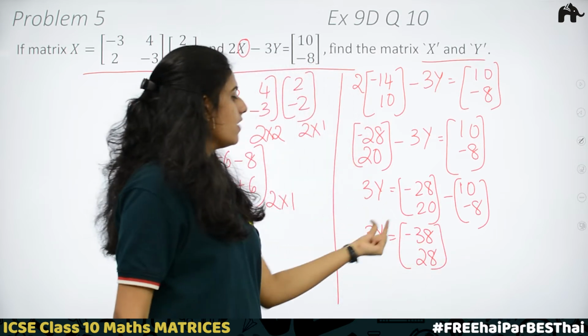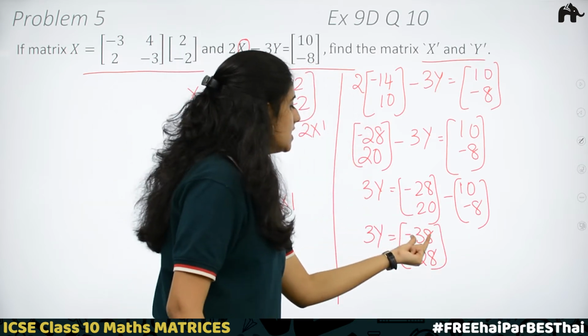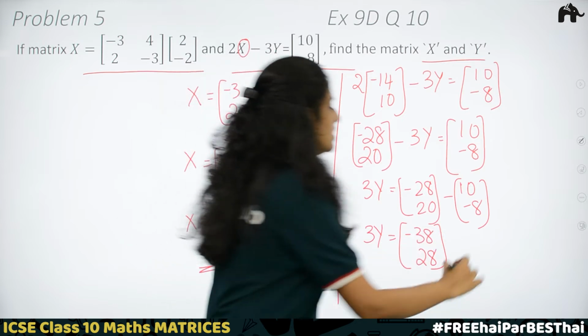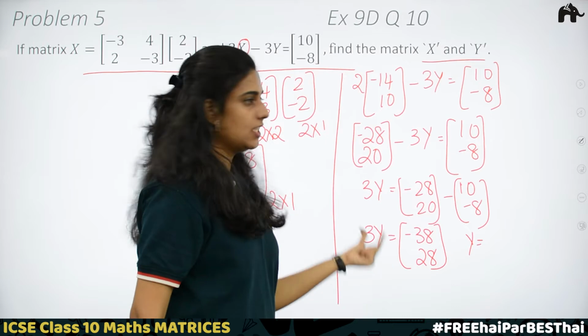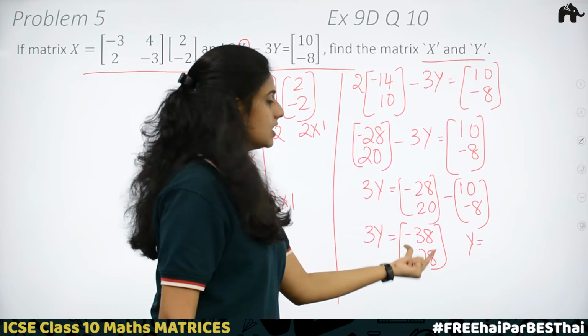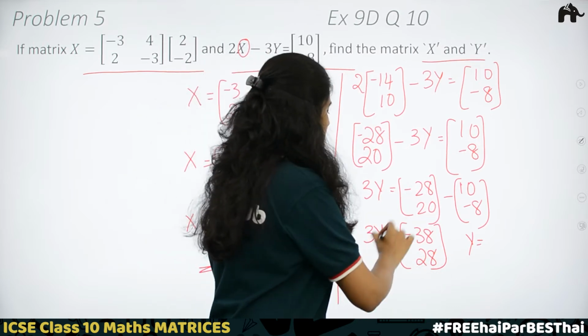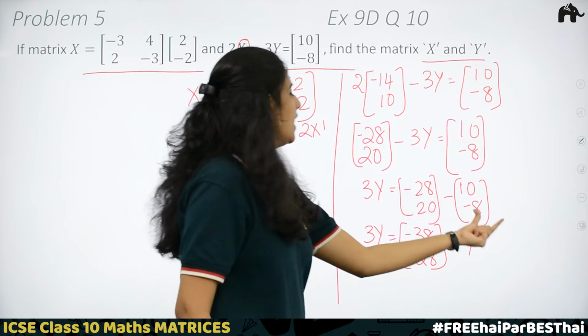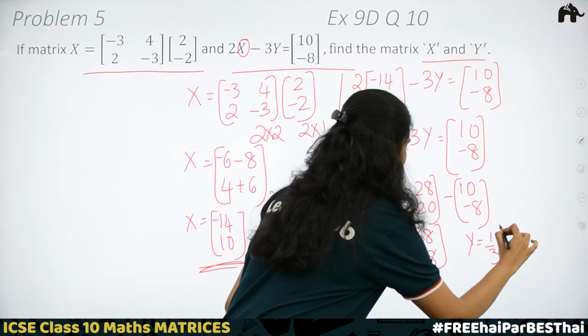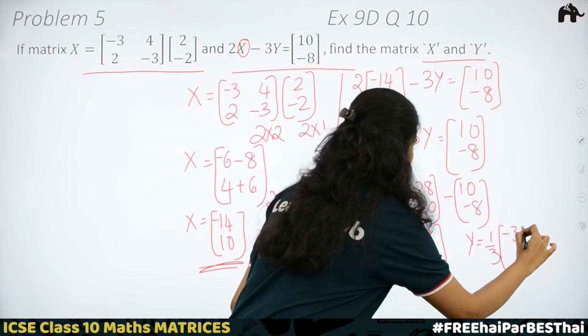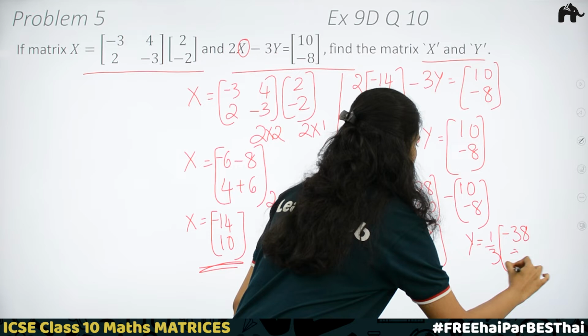Okay, if 3y is equal to the matrix [-38, 28], then what is y? y will be equal to this divided by 3. Here it is multiplication, so on the opposite side it becomes division. That is, we can take the reciprocal of 3 and multiply with this matrix: 1/3 times the matrix [-38, 28].